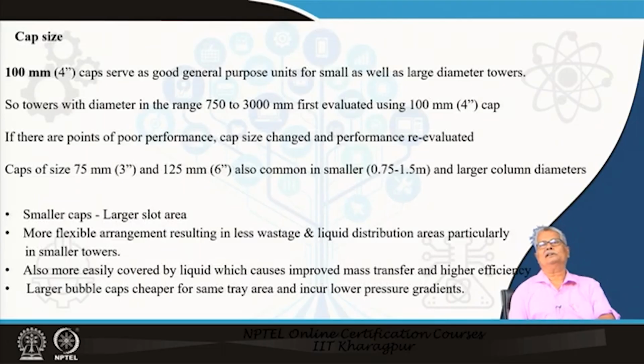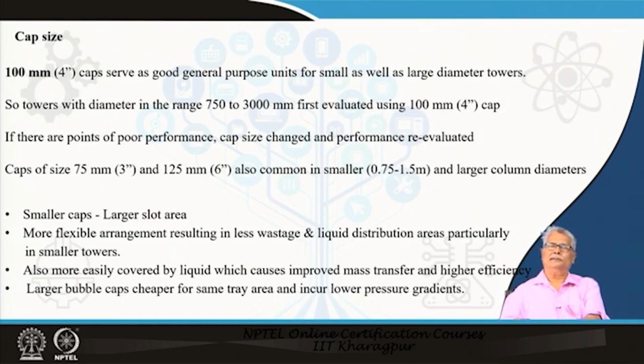The most common industrial cap size is 4 inch, 100 millimeters. It is usually the most popular type, and it is used in small towers as well as large towers.